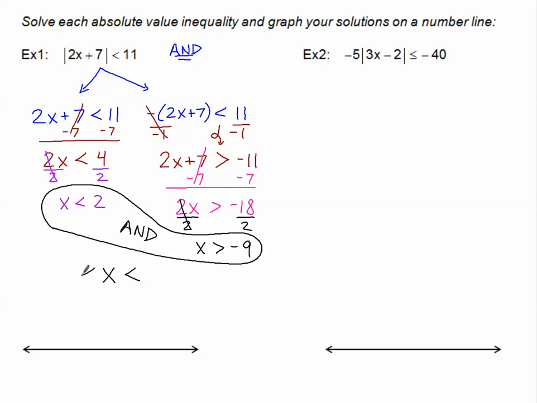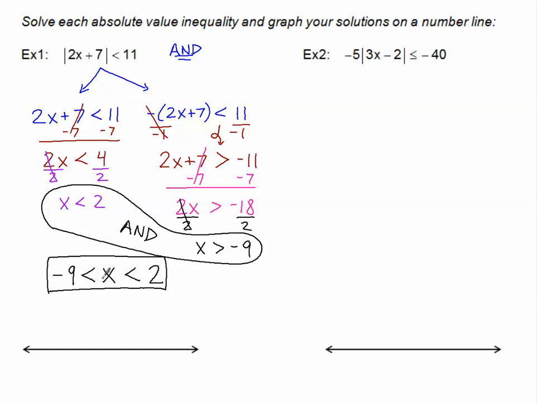So I can write x in between the two numbers. I know that we're greater than negative 9. So here's x is greater than negative 9. And that we're less than 2. So here's x is less than 2. That is a much nicer way of writing these answers. If it's an "and," we can put the x in between these two numbers.